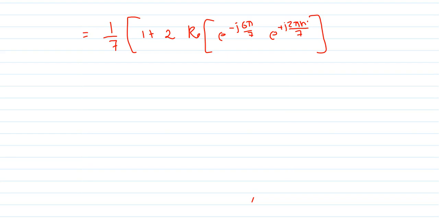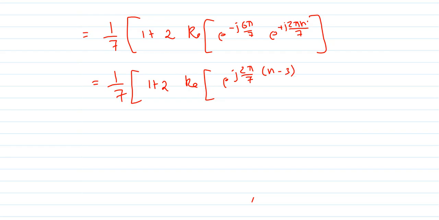Now if you take the common factor out, 1 plus 2 real part of e power j, I will take 2 pi by 7 out. In this case you will have n, in this case you will have 3, so it is n minus 3. So e power j 2 pi by 7 times n minus 3. What is that?